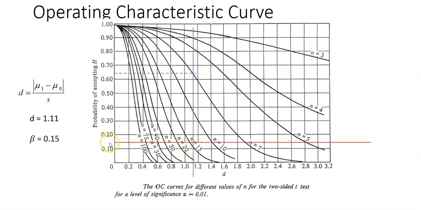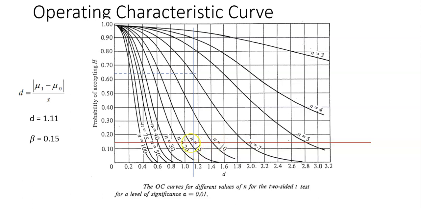So if I draw this horizontal line for 0.15 probability of accepting, it is located below this curve, and it is located between n equals 10 and n equals 15. So the number of samples to be enough to accept this sample would be somewhere between 10 and 15, say 14.